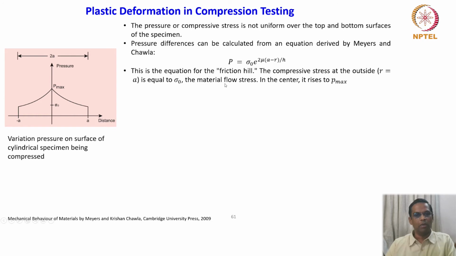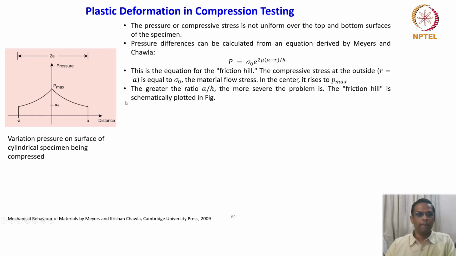But as long as the compressive stresses are measured in this kind of dimension, we are going to have this friction hill effect, because it has a different effect for different A by H ratios.